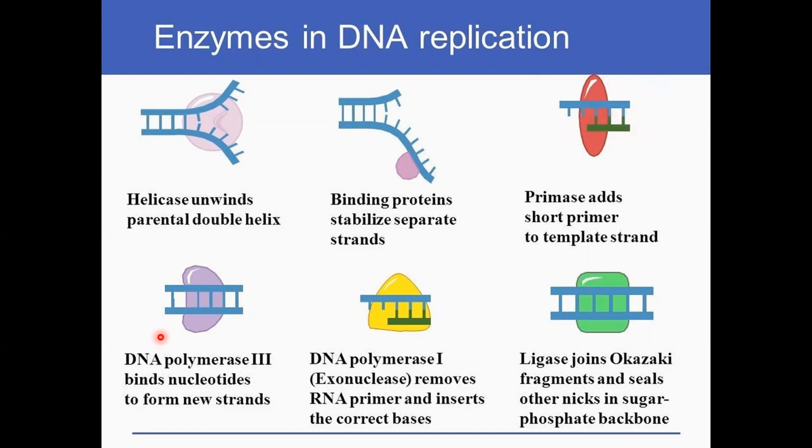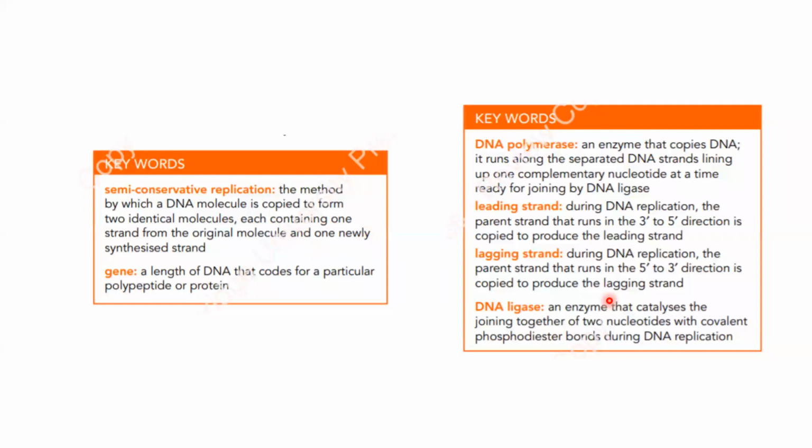Then the polymerase, which has 3 functions. These two are both polymerases. And then finally the ligase to join the Okazaki fragments, to join any nicks in the backbone that we have. So that is DNA replication for us.